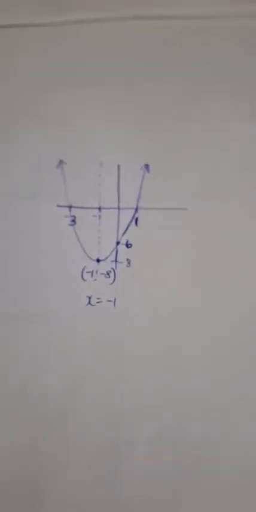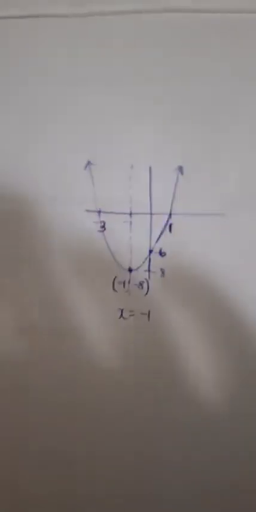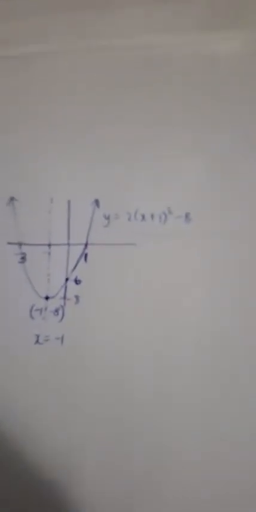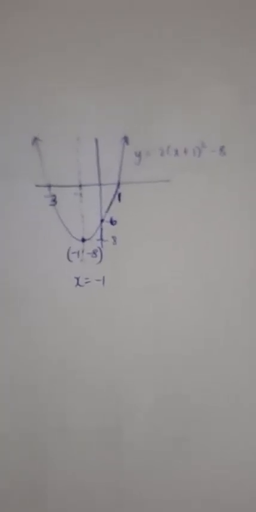We have the 1 there marked very nicely. We have the -3 marked there very nicely. And then the shape of the function, so that we can ensure that we are spot on the money. Just a little bit of mercy, guys, there, with my free hand with the pen. But of course, that is how we sketch the function. Then we label it, of course. y is equal to, the form that it was in was 2(x plus 1), the whole thing squared, minus 8. All right, and then that basically gives us a fresh sketch that we can be very confident about. So guys, the two forms, let us not forget them.